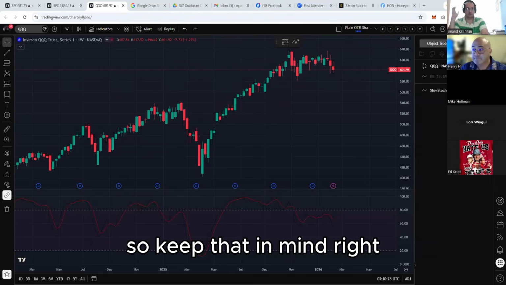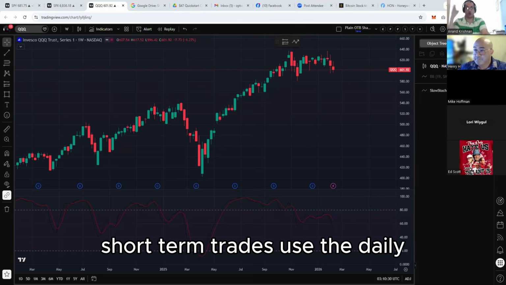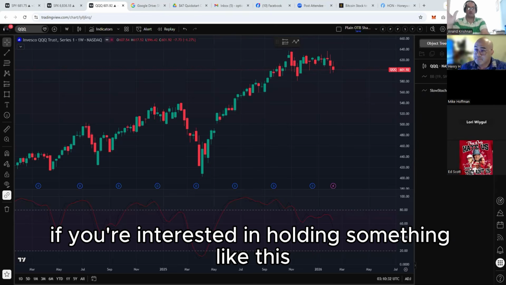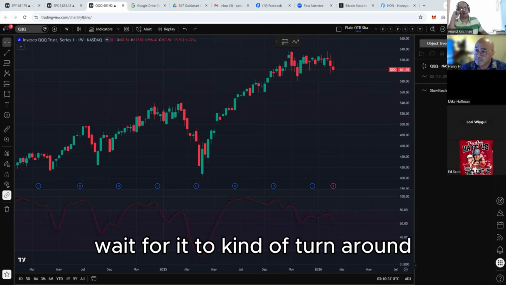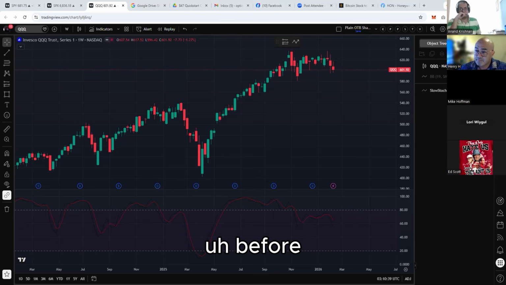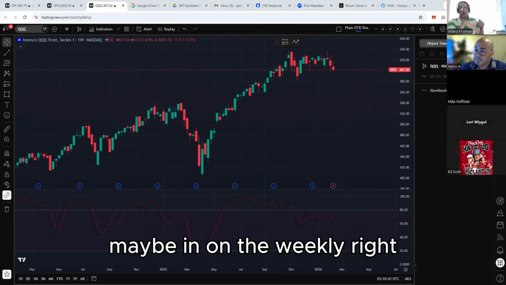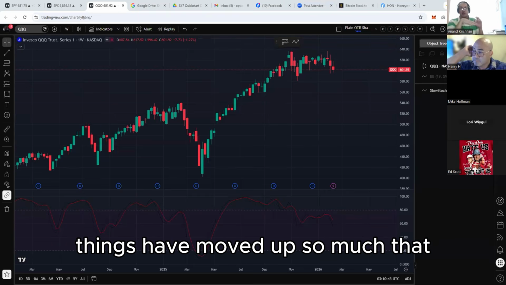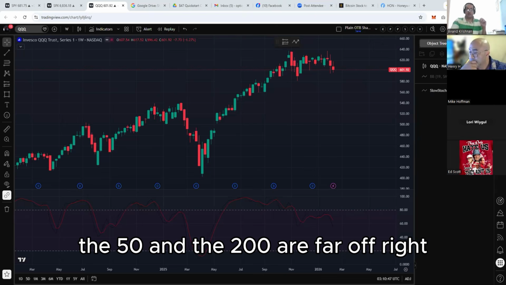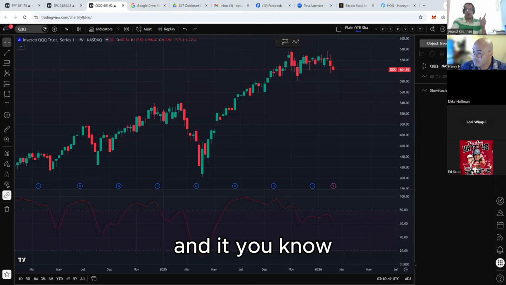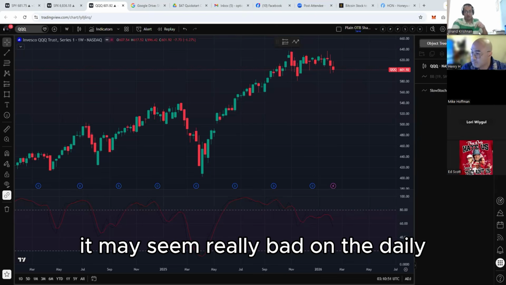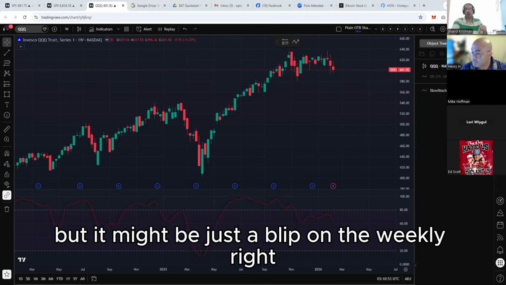Keep that in mind. Short-term trades use the daily. If you're interested in holding something long term, wait for it to turn around first. On the weekly, things have moved up so much that the 50 and the 200 are far off, and it may seem really bad on the daily but might be just a blip on the weekly.